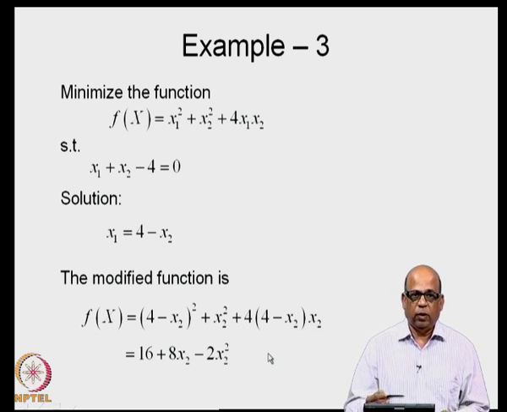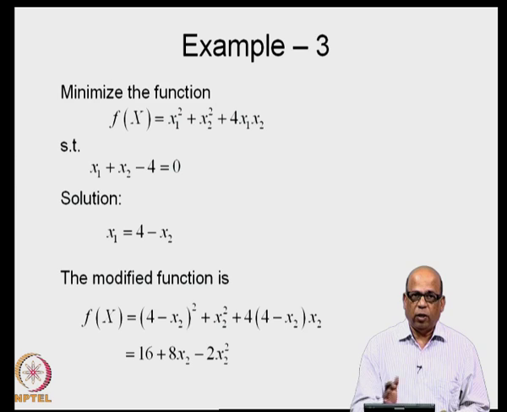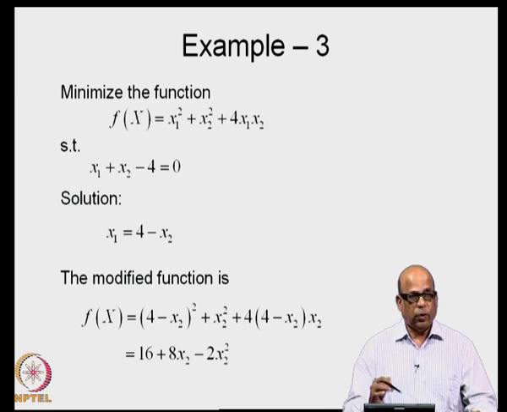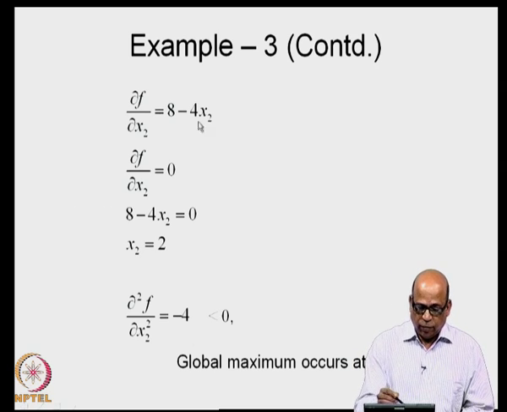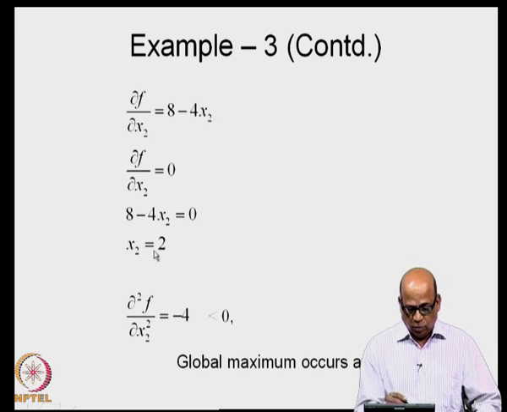Once we have converted the function into a function of a single variable and got rid of all the constraints, we can solve this problem as an unconstrained optimization problem, in this particular case of a single variable. So, we take the first derivative df by dx2, x2 is the only variable here, and equate it to 0, you get x2 is equal to 2 as a stationary point.